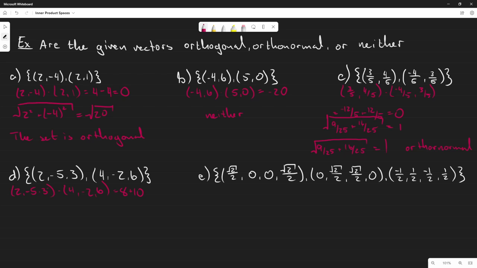And then 6 and 3 would equal, wait, time out, 18, and we know that's not going to be equal to 0. So what is this going to be? 36. So this is neither of them.